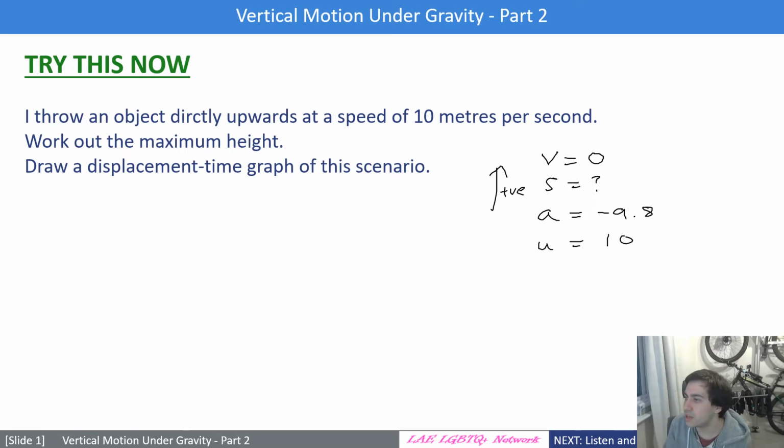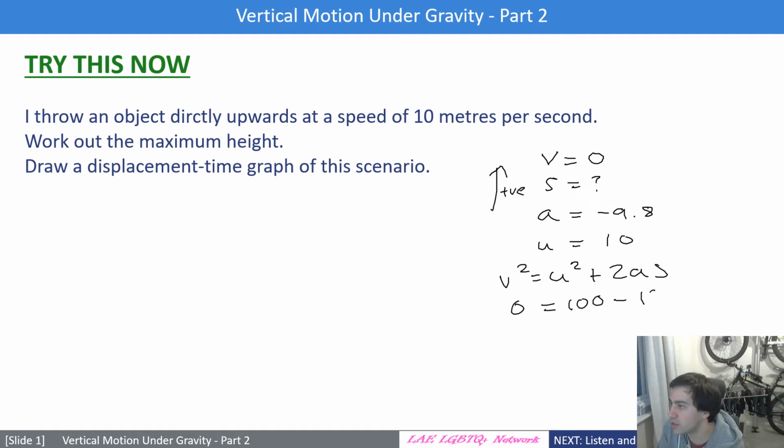In this case, we're going to get V squared equals U squared plus 2AS. So that's 0 equals 100 minus 19.6 S, which gives me an S of 5.1, roughly speaking, meters. Okay.